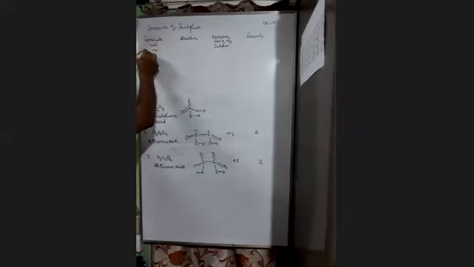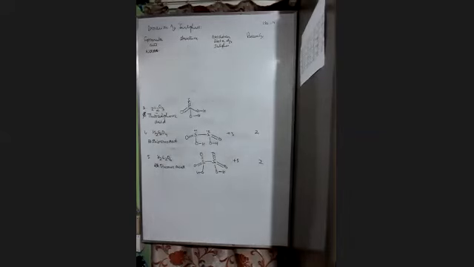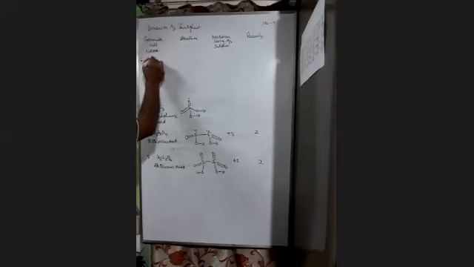Formula H2S2O7. This is called oleum. Okay. So we write, earlier we used to call it pyrosulfuric acid.